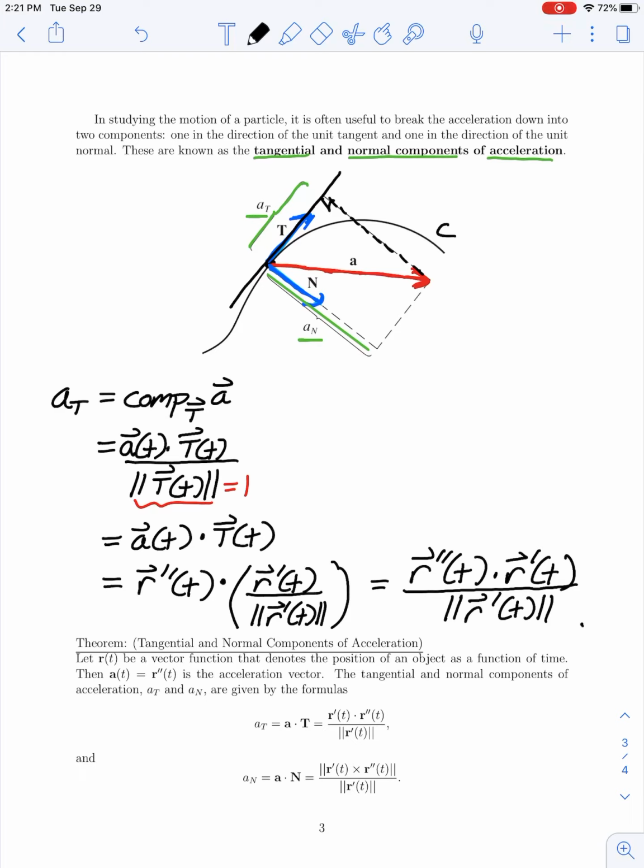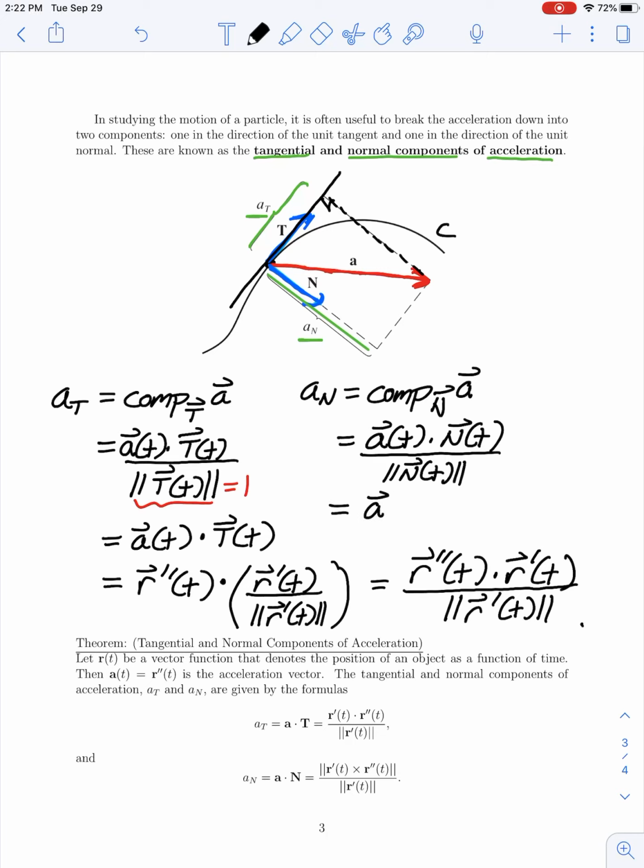Now, in a similar way, we could define the normal component of acceleration as the scalar projection of the acceleration vector onto the unit normal vector, which by definition is the dot product of the acceleration vector with the unit normal vector divided by the magnitude of the unit normal vector. And again, since by definition that unit normal vector is a unit vector, its magnitude is 1, so we're left with the dot product of our acceleration vector and the unit normal vector.